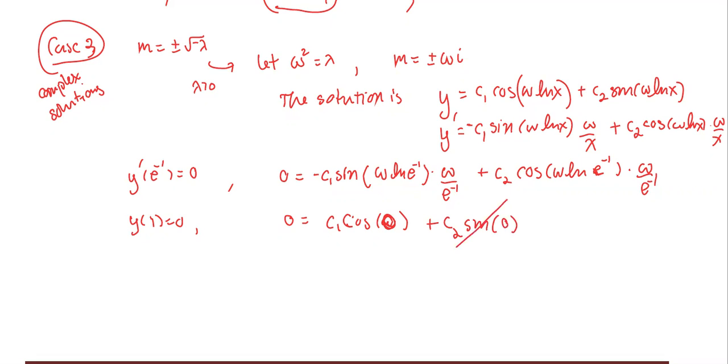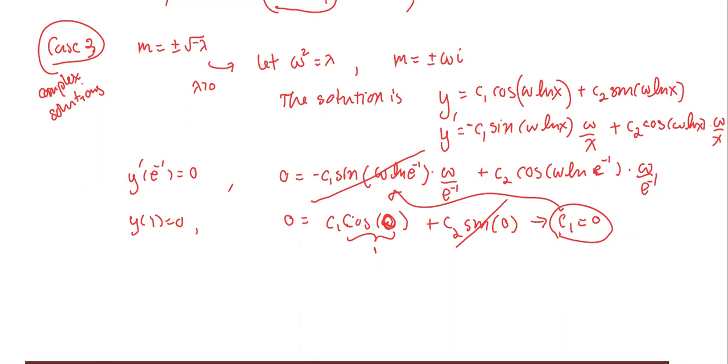So sine 0 is gone. Cosine at 0 is 1. That means C1 is 0. For C1 to be 0, this term goes away, so we force this one to be gone.